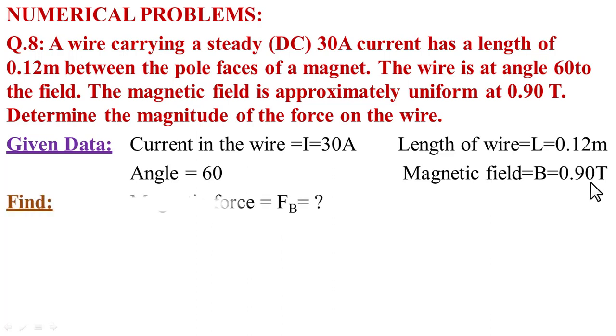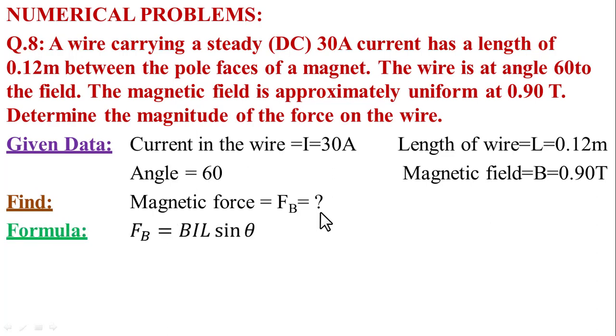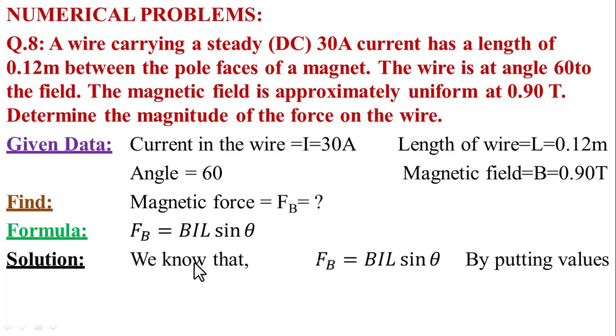We have to find the magnetic force FB, which is equal to question mark. So finding the solution using the formula FB is equal to BIL sin theta, putting the values.